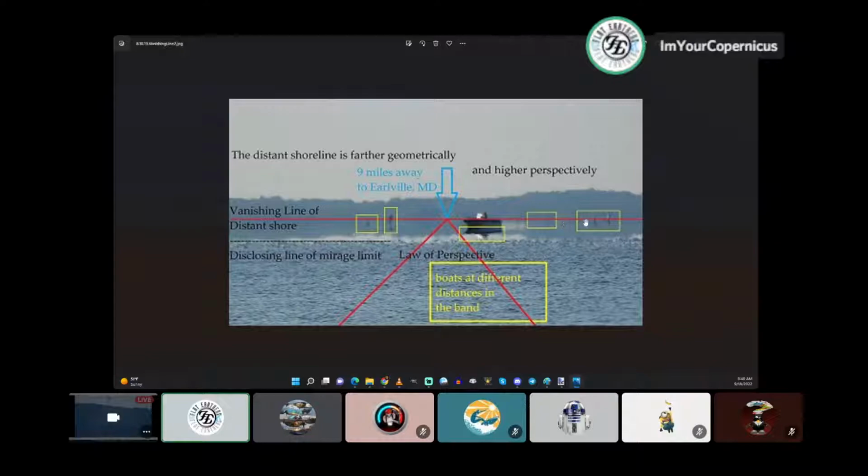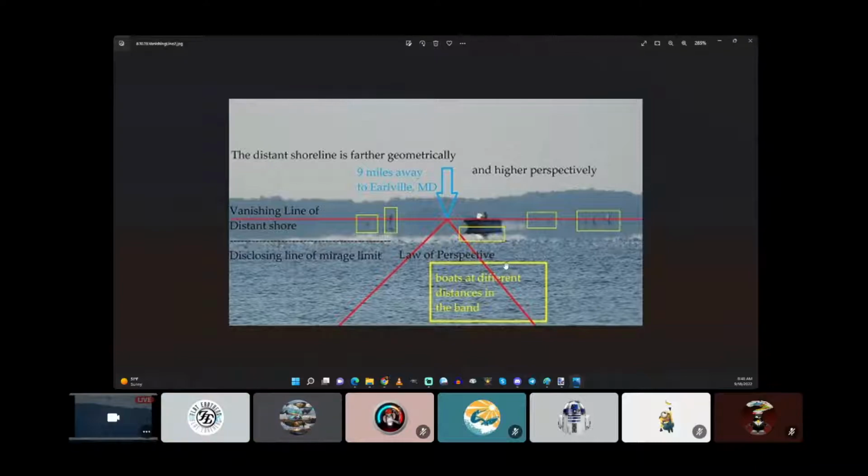It would be swallowed up like it is right here. But the boat that these guys are standing on, where is it? It's right here. But you can only see them because they're high enough above the angle that swallows up the rest of the target.